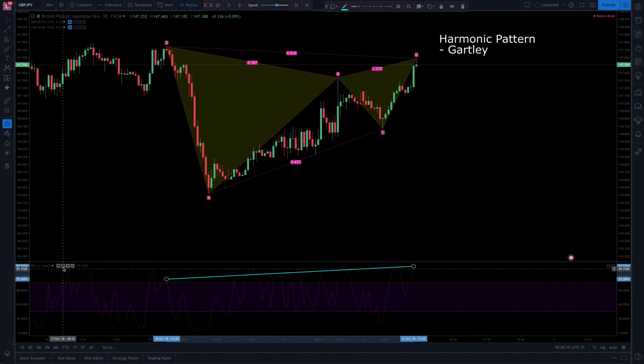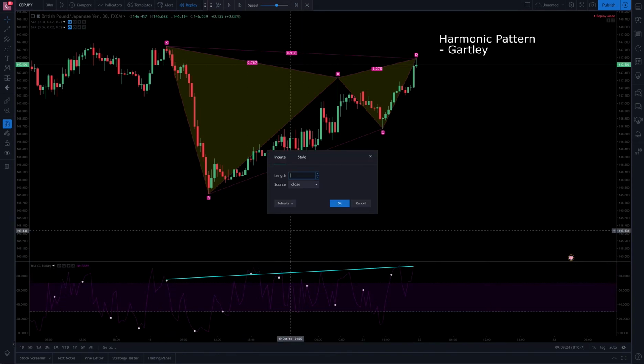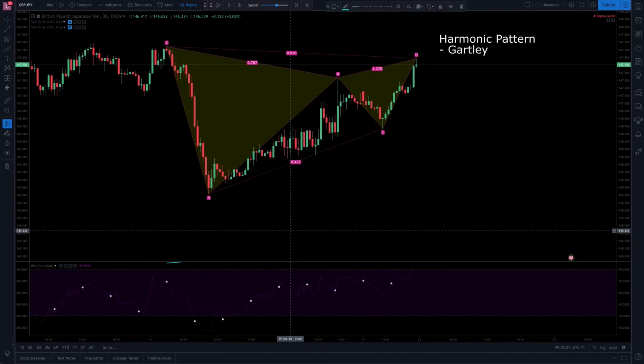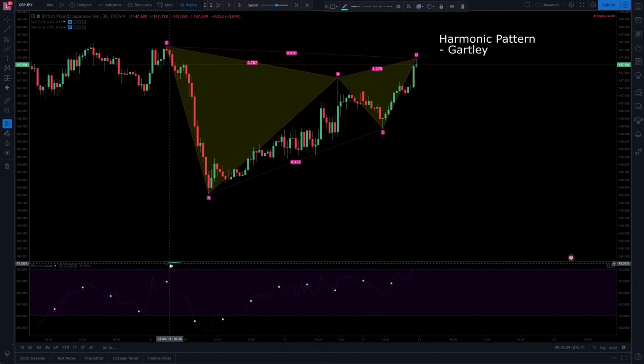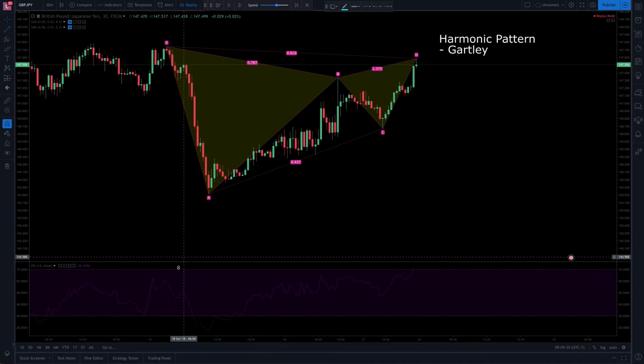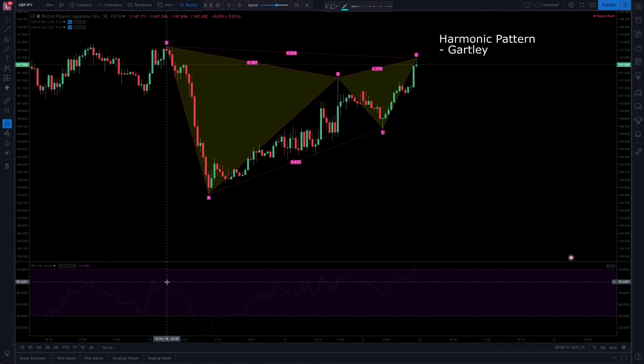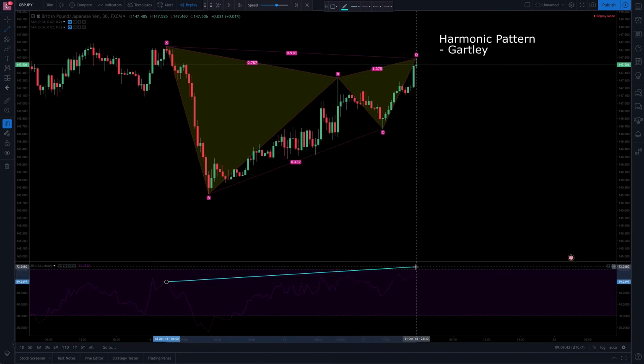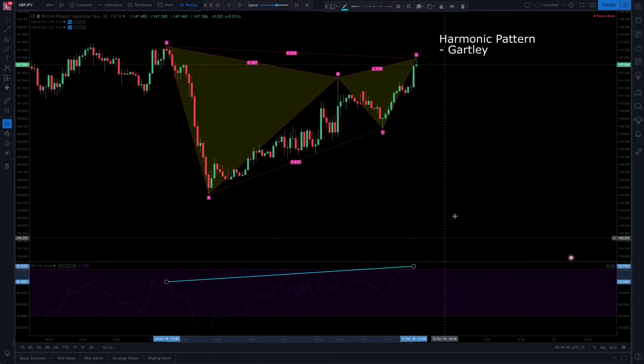Even if I had it on the traditional 10 or 14, let me just show you guys that really quick. We still see the same thing. So I want you to know that divergence would have been present either way. X down here to D. And what does divergence tell us?